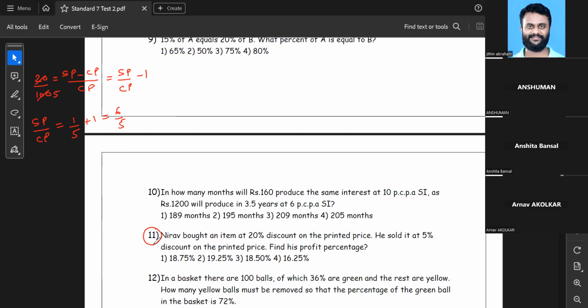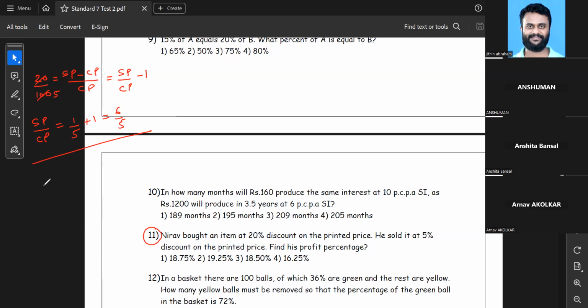Now he sold at another price. This was the first case where I got the ratio of SP upon CP. Now there is another scenario which has been explained.